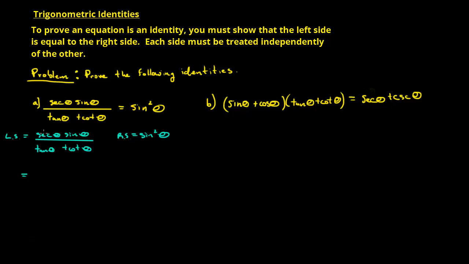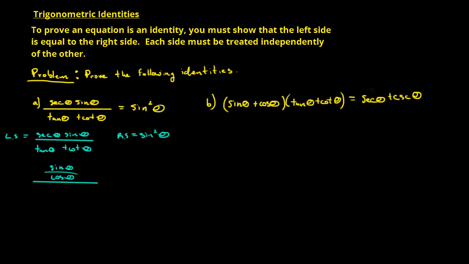On the left side, I can try to write everything in terms of sine theta and cosine theta. I know that secant of theta is just 1 over cos theta, so secant theta times sine theta is just sine theta over cos theta. And tan of theta is sine theta over cos theta.